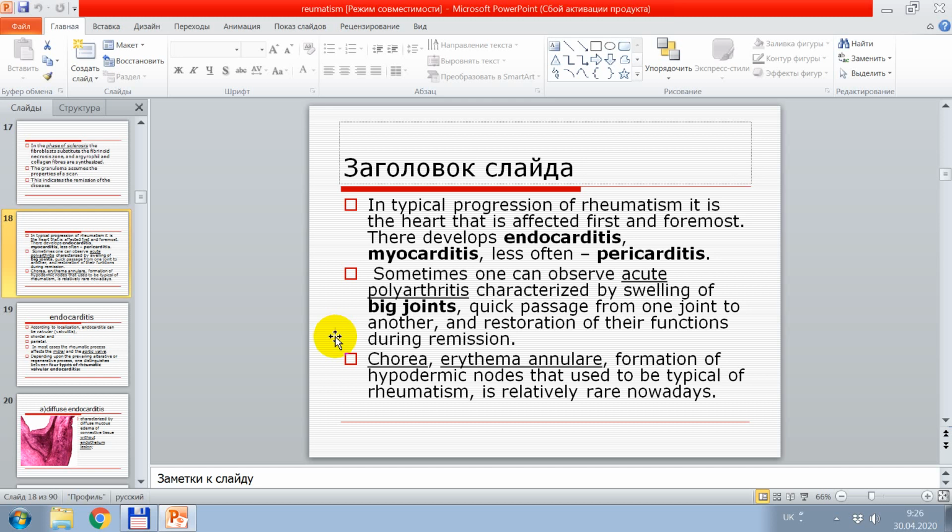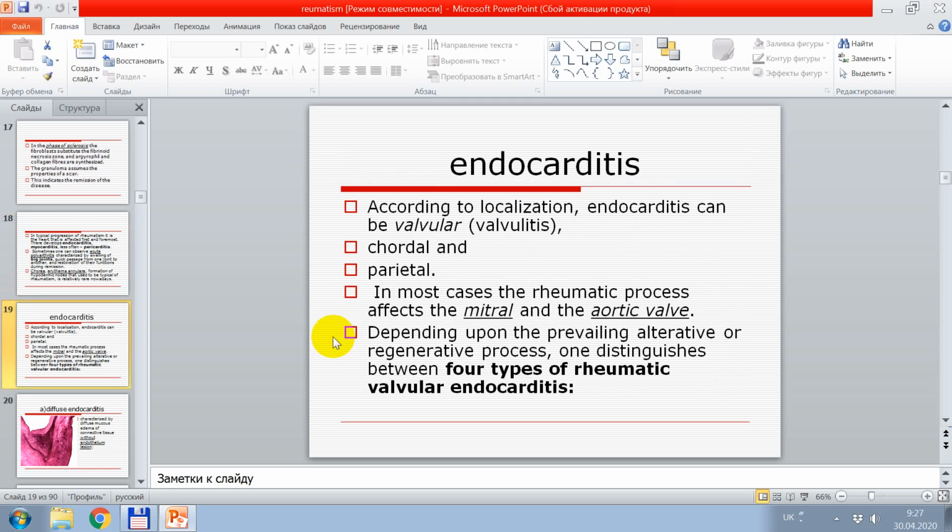Chorea, erythema annulare, and formation of hypodermic nodes, which are thought to be typical of rheumatism, are relatively rare nowadays.